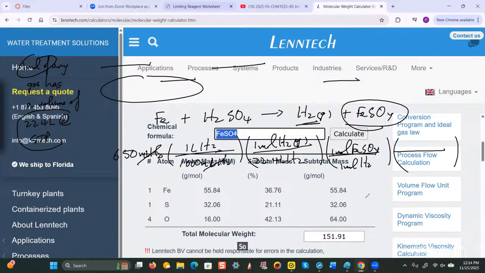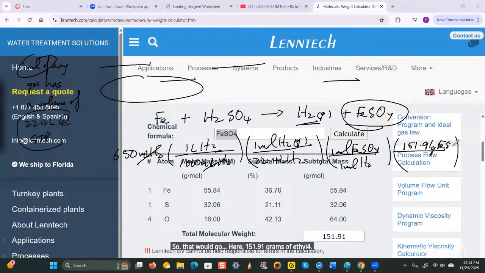So that will go here, 151.91 grams of FeSO4 above over 1 mole of FeSO4 below.